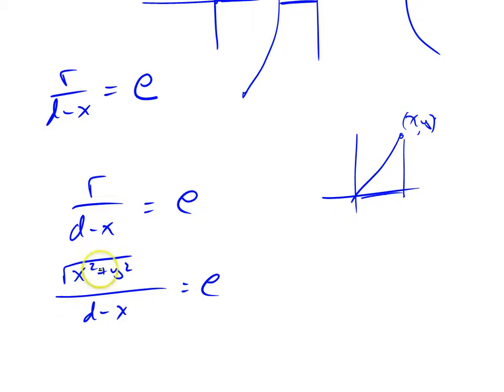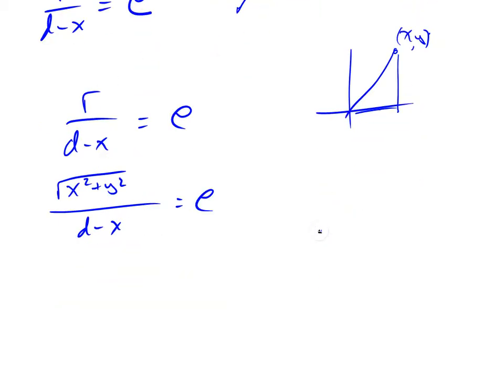So changing the r into that, and multiplying both sides, I get the square root of x squared plus y squared equals e times (d minus x).